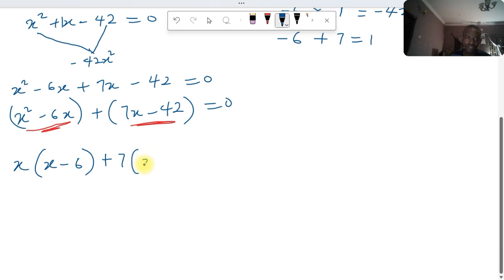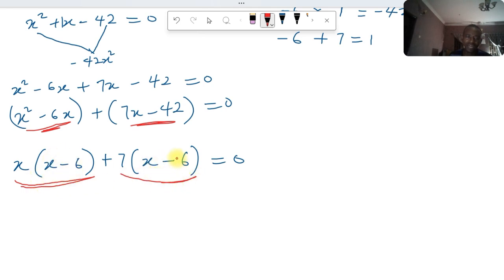So you are left with x here minus 6, because 7 will go into 42 6 times. All right, so if you come back again and check this particular term here and this one here, you will observe that the content in each of the brackets are the same. So I can also bring that out. So I have x minus 6.